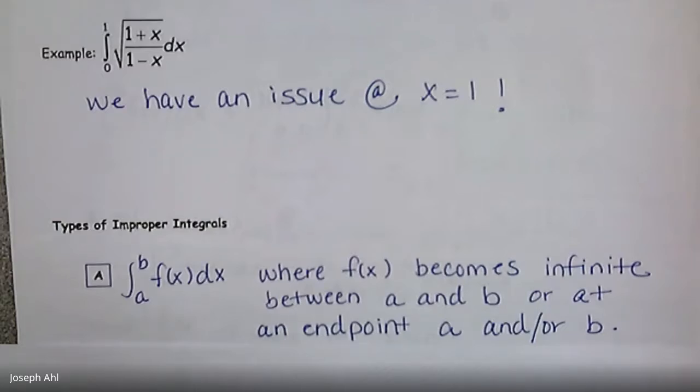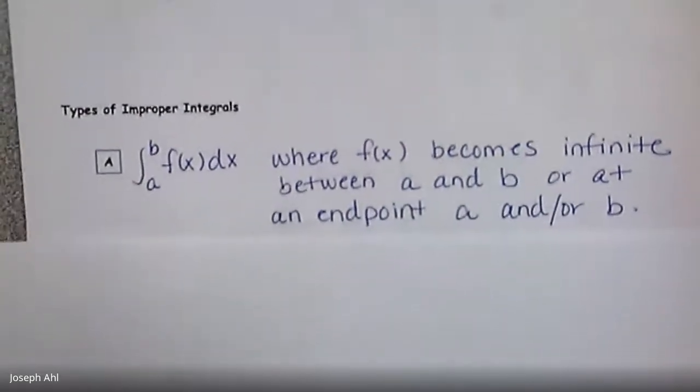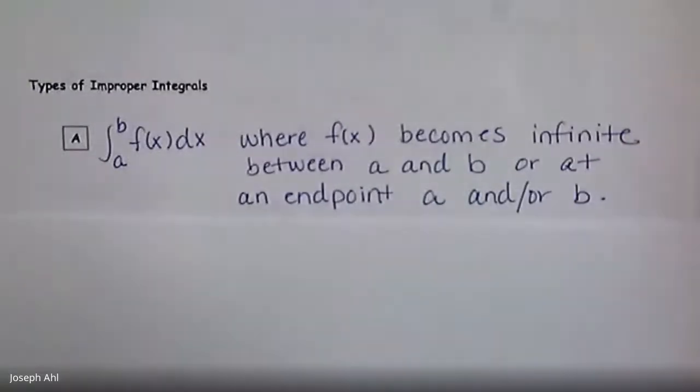For example, if there's an asymptote somewhere over the interval from a to b, or at one of the endpoints, that's going to be improper. So we're going to have to somehow justify in the end whether or not the integral exists, and I think you'll find some very surprising results as it relates to that today. We're going to talk in a minute, once we go through the types, about how we're going to fix that.